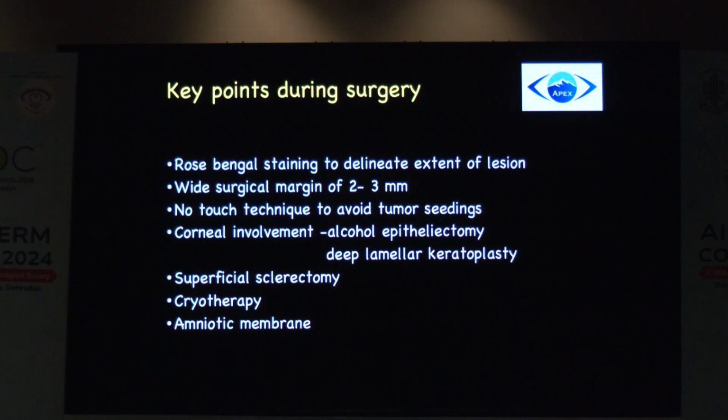The corneal component is treated with alcohol epitheliectomy. Superficial sclerectomy may be required in selected cases with scleral fixity. Cryotherapy is used as an adjunct for any microscopic residual left over at the conjunctival margin, resected margin, or at the scleral bed.